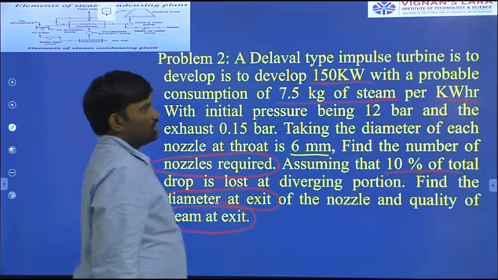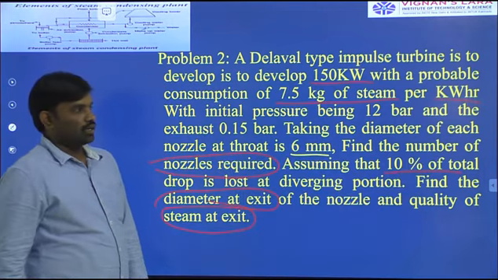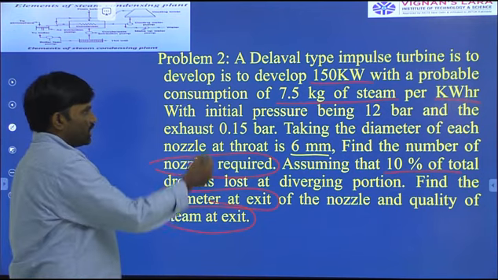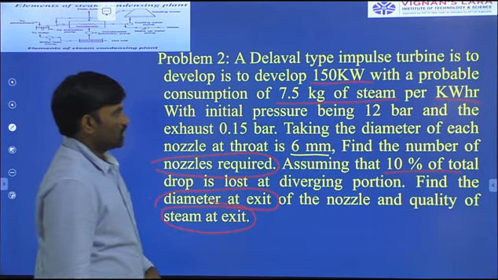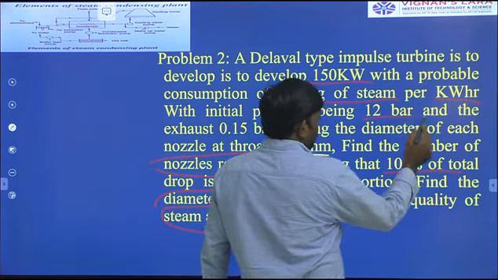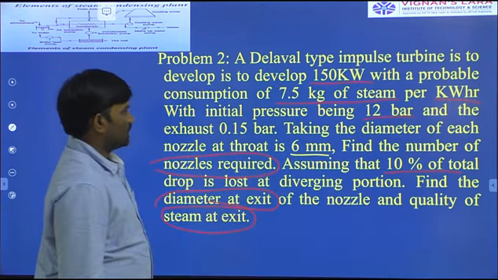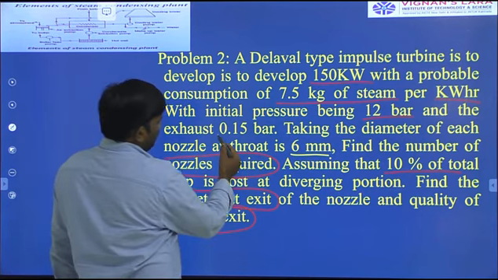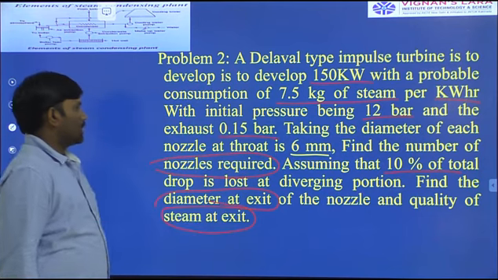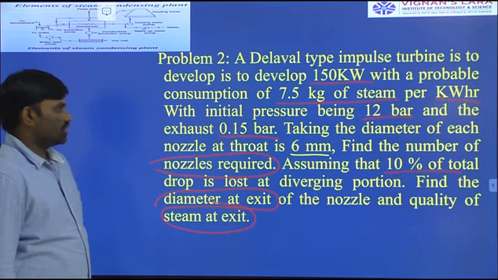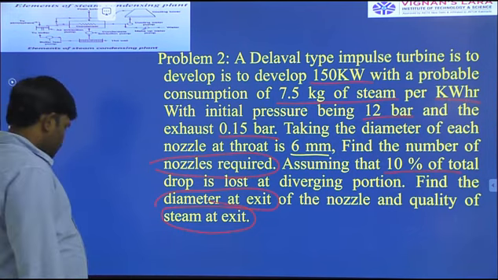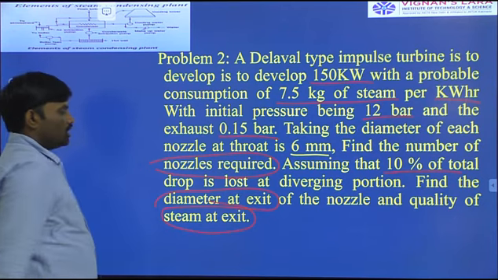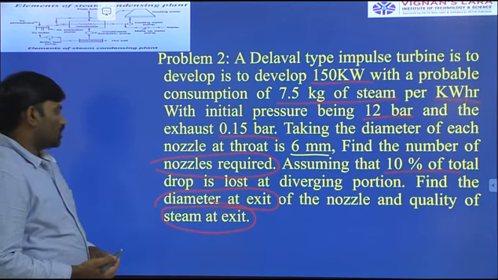In order to produce 1 kilowatt hour power, 7.5 kilogram of steam is consumed. 12 bar is the initial pressure and the exhaust pressure is 0.15 bar. The diameter of each nozzle at throat is 6 mm. So based on this data, we have to evaluate the exit diameter of the nozzle and quality of steam at exit.